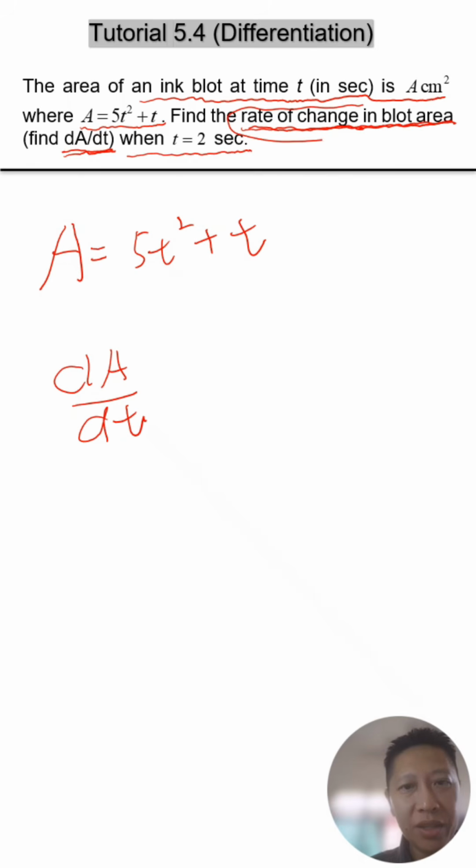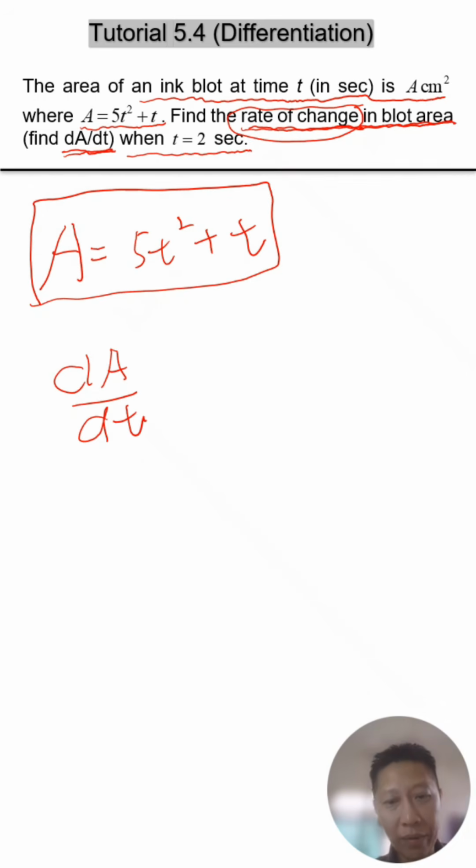Rate of change means that our denominator should be the time element. Since the function is already given in terms of time, we can directly differentiate it, and we will get 10t plus 1.